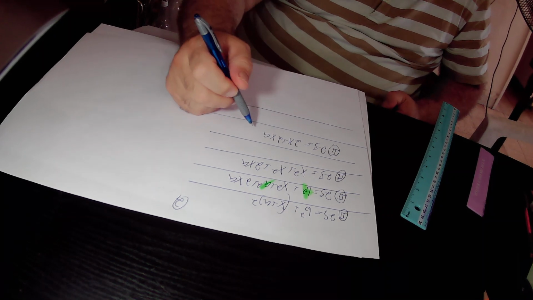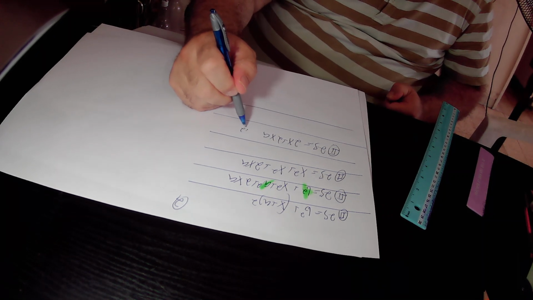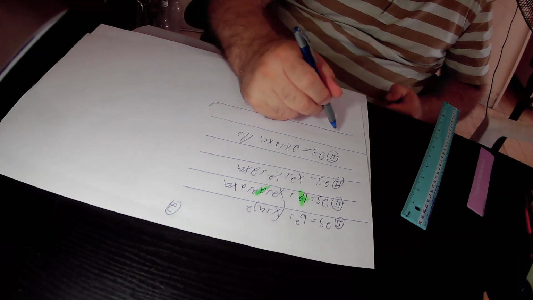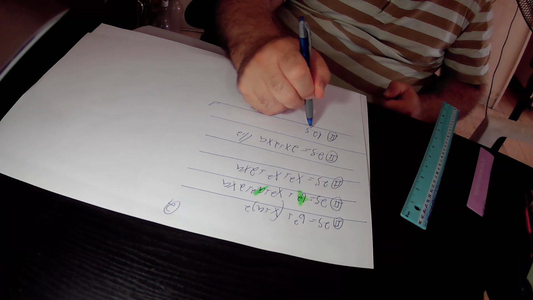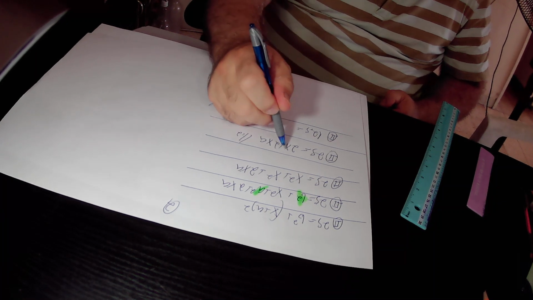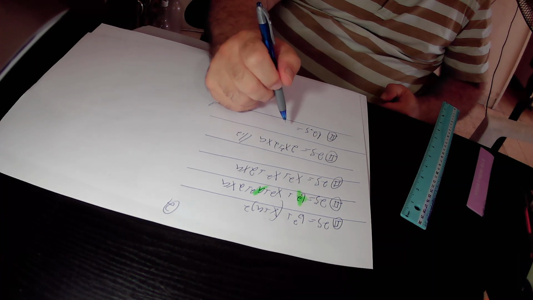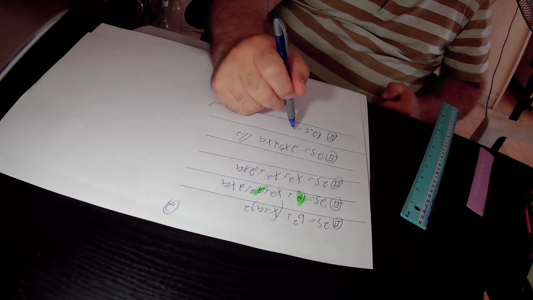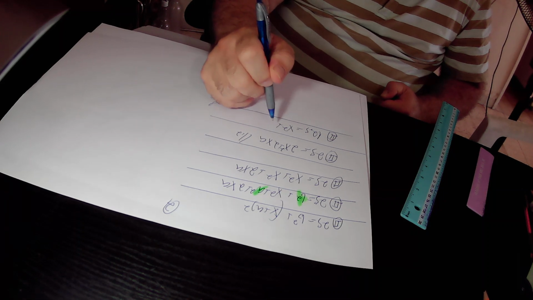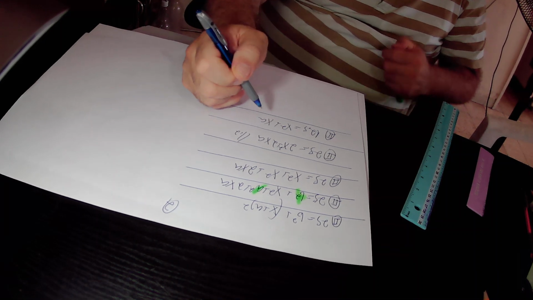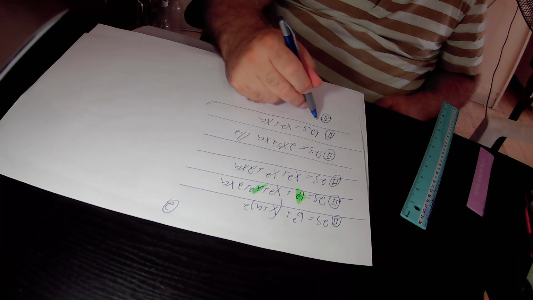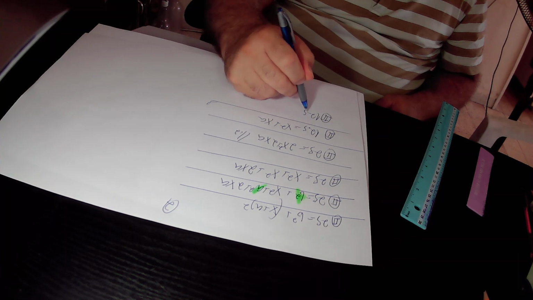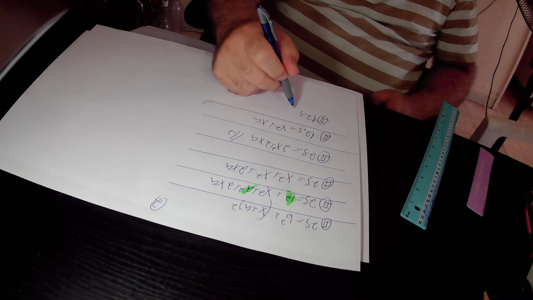Here we divide this equation by 2, and finally get that 25 over 2 is 12.5, and it is equal to 2x squared over 2, which is x squared, plus 2xa over 2, which is xa. So 12.5 equals x squared plus xa.